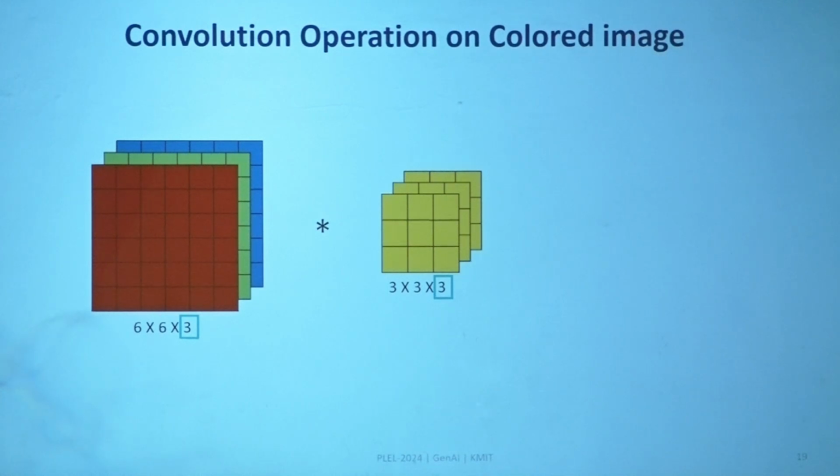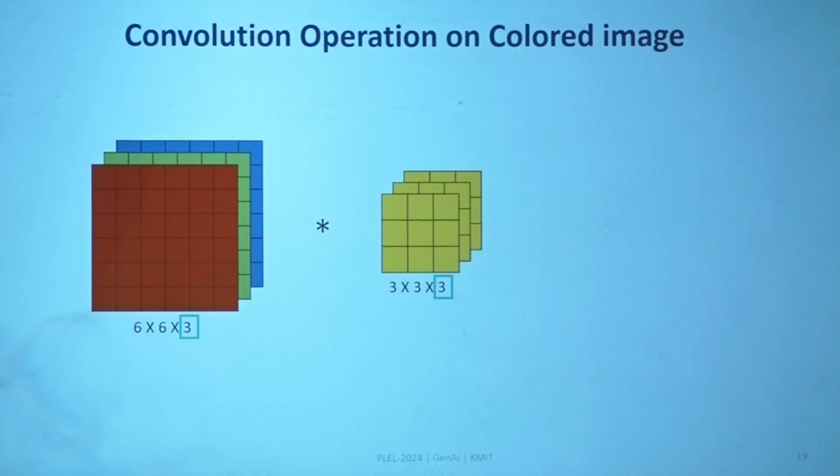So generally we might expect the dimension to be 4 by 4 by 3. No, it is not 3. It is 4 by 4 by 1. You applied only one filter.